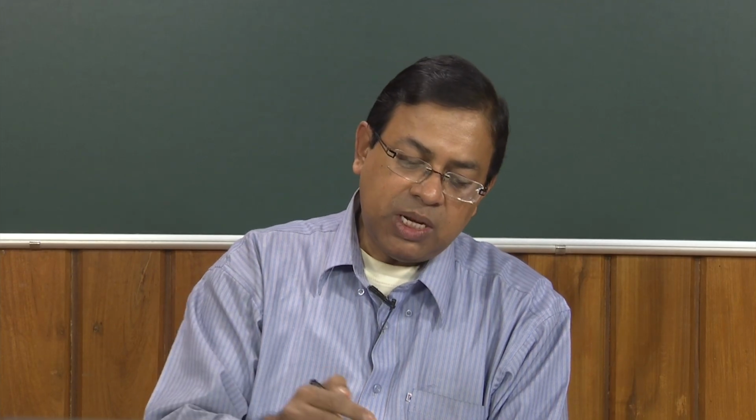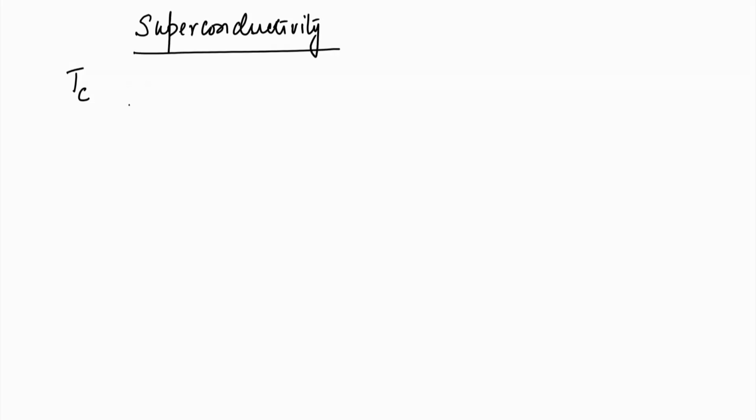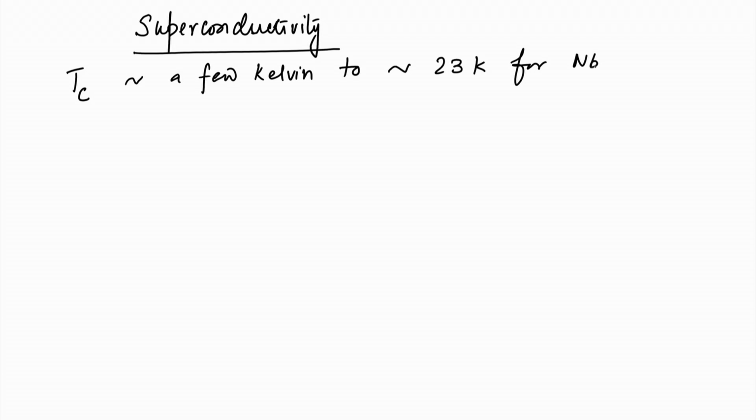However, the Tcs really vary from a few Kelvin to about 23 Kelvin, this is for Nb3Ge.